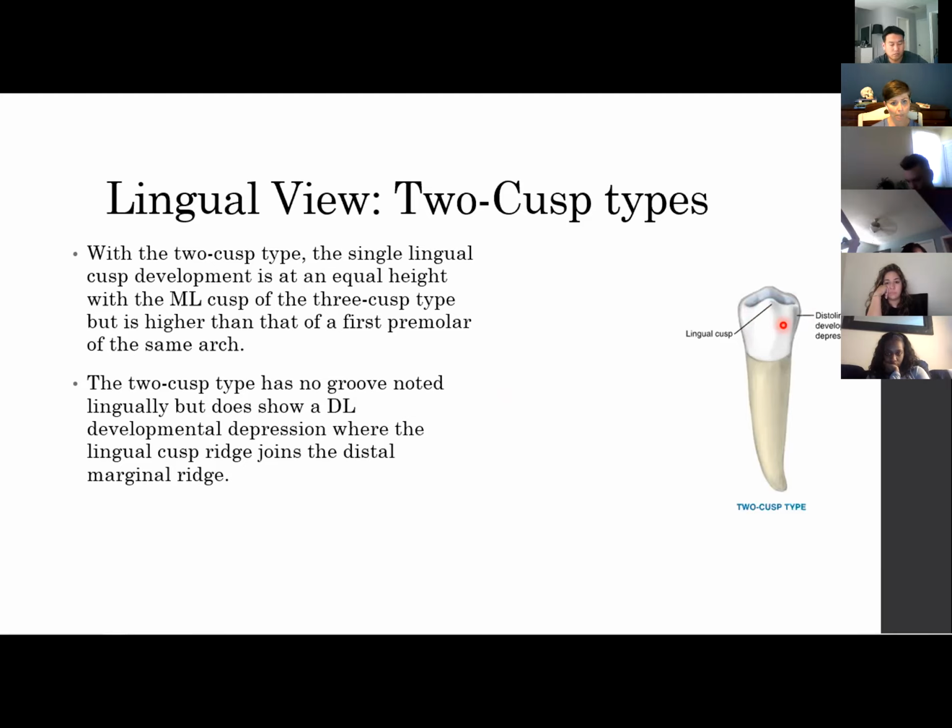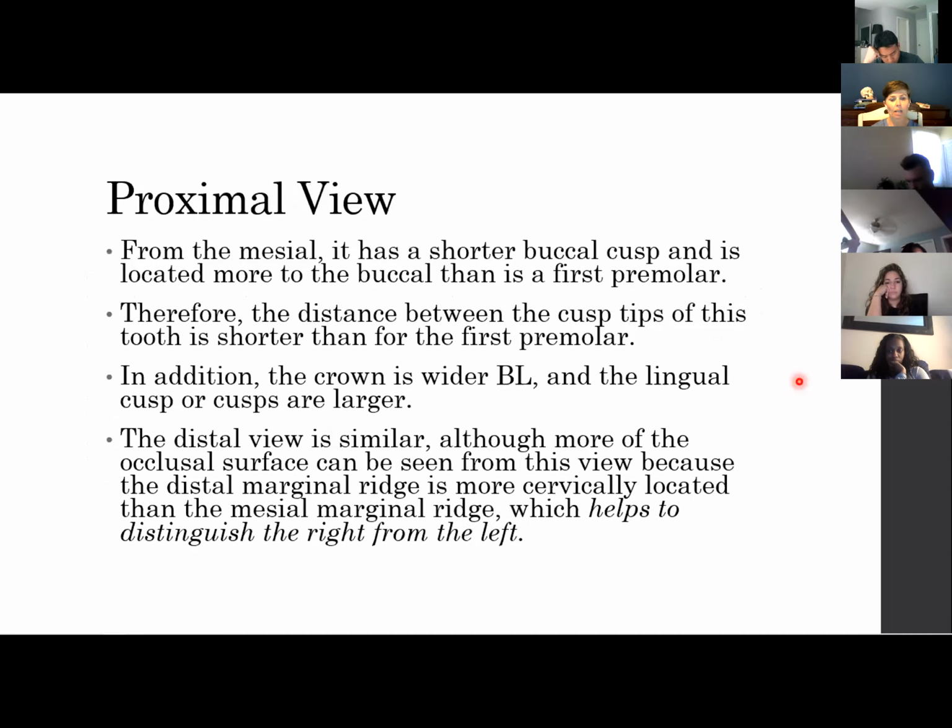The 2 cusp type has no grooves noted lingually, but does show a distal lingual developmental depression where the lingual cusp ridge joins the distal marginal ridge. And you might be able to see that more on the distal view, which we haven't gotten to yet, okay?